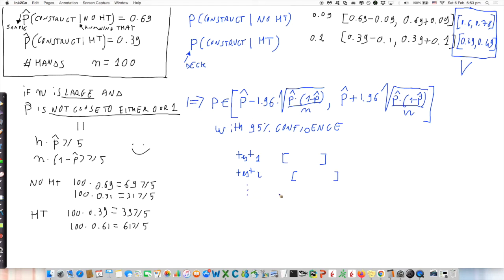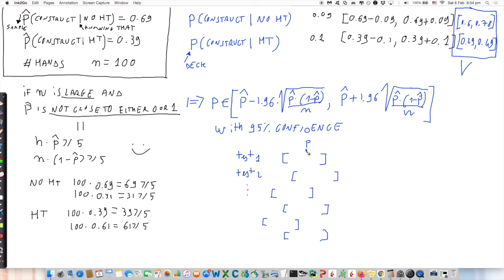Then we keep doing that. We get another range, maybe another range like here, and then we may get a range here, another one here, and so on. The real probability P, suppose, is somewhere like here, right?